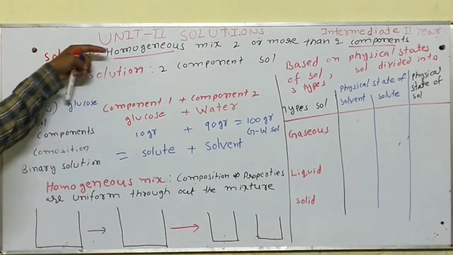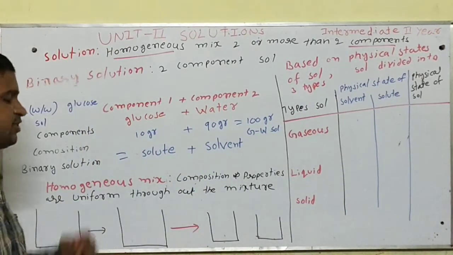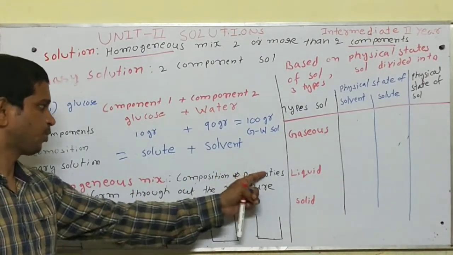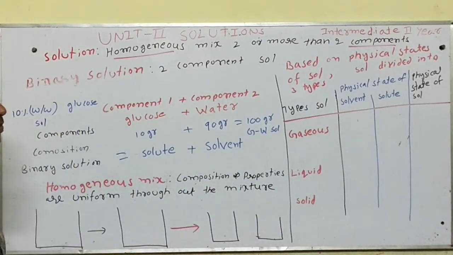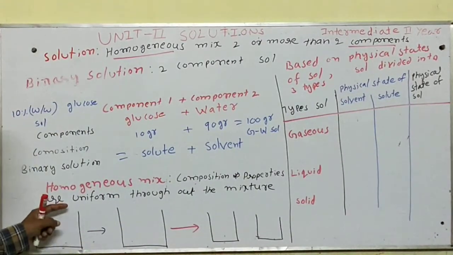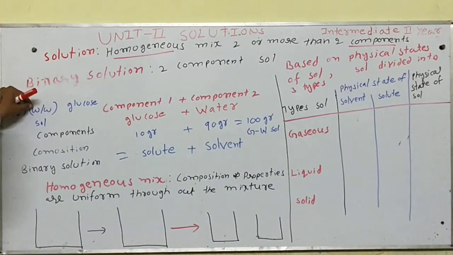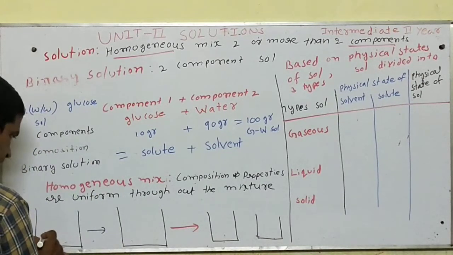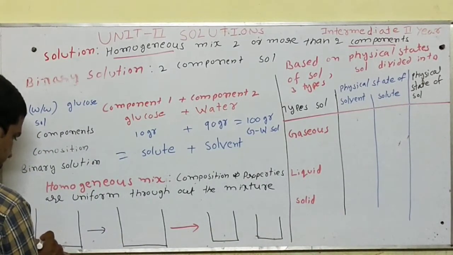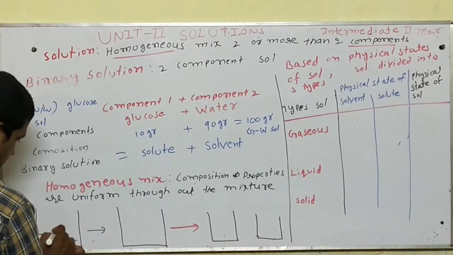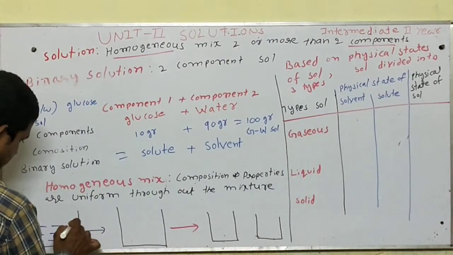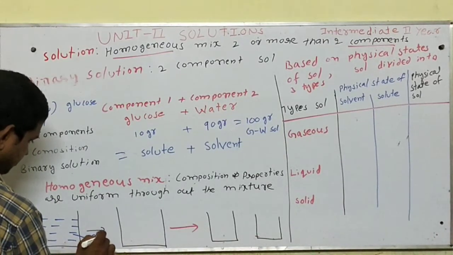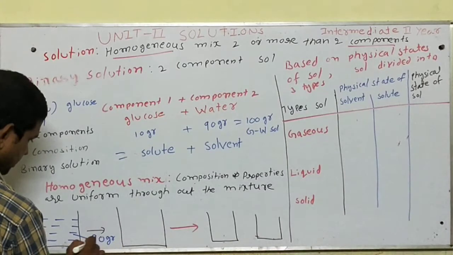The next word, homogeneous. Homogeneous mixture is a mixture in which composition and properties are uniform throughout the solution. Again I am taking this 10% weight by weight glucose as example to explain this, and I took a beaker. In this I am adding 90 grams of water.